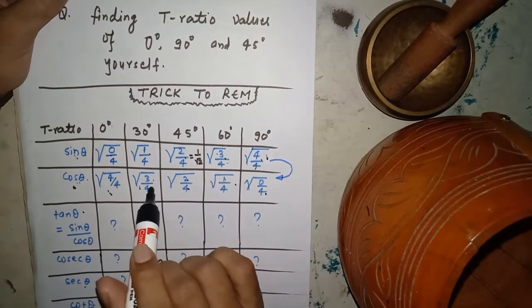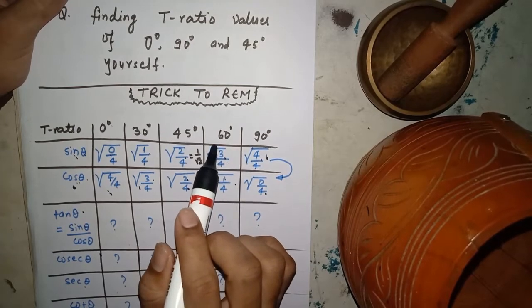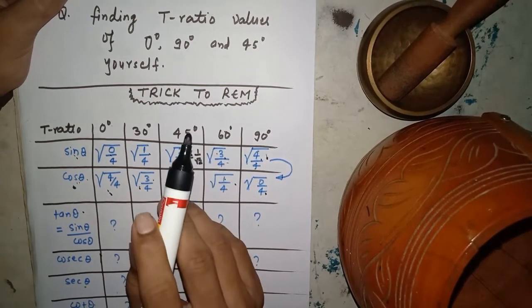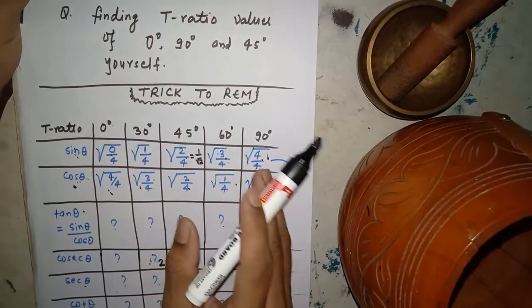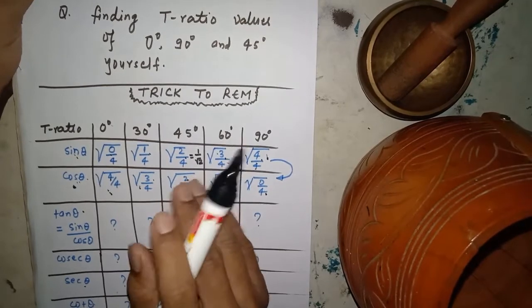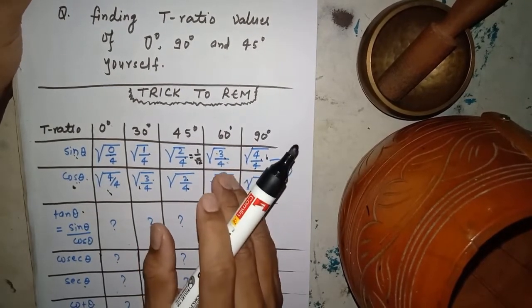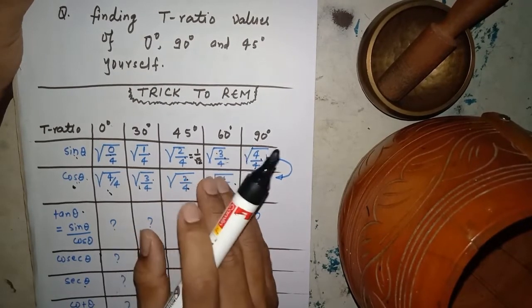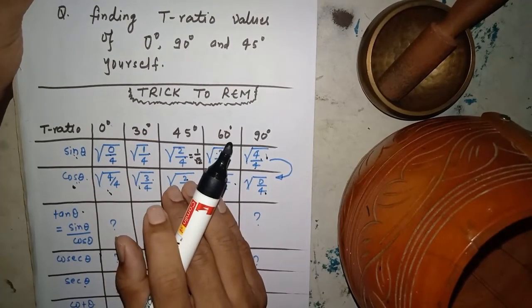In a similar way you can find out the values. So what you have to do is take 0, 1, 2, 3, 4, and then divide it by 4: 0 by 4, 1 by 4, 2 by 4, 3 by 4, 4 by 4, and then take the square root over it and solve it. This is the value for the particular angle for sine.